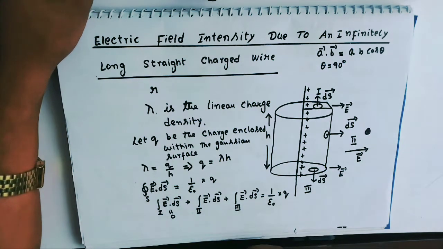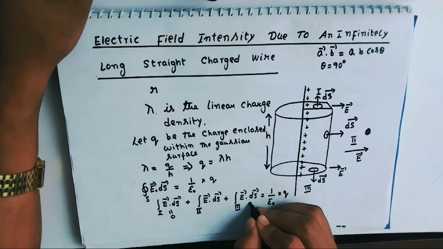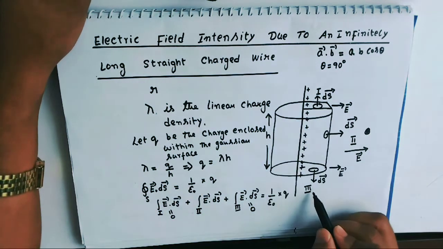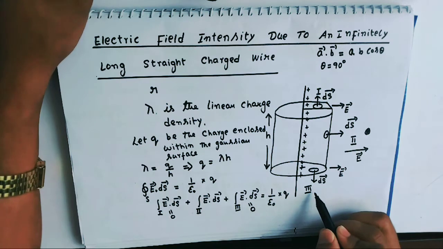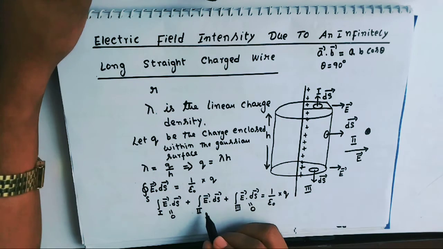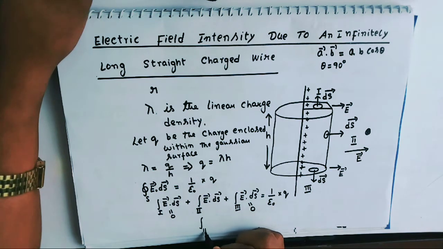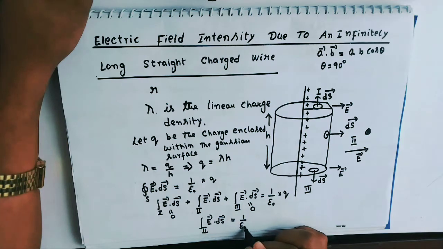The integration over region 3 is also equal to 0, because the angle between electric field and ds in region 1 and region 3 is 90 degrees. So now we are left with the integration over region 2, E dot ds, which is equal to 1 by epsilon naught times q.